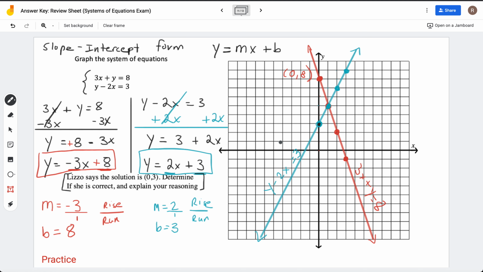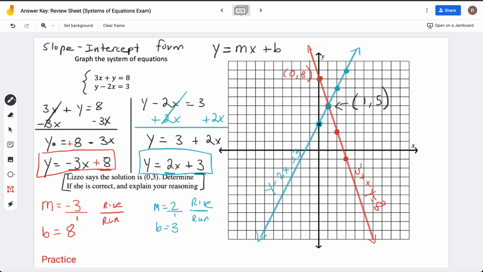Now, if you remember systems of equations, the solution is always where both lines intersect. So let's take a look. So I see that both of these lines cross on this point right here. And that point there is 1, 1, 2, 3, 4, 5. That point right here is (1, 5).